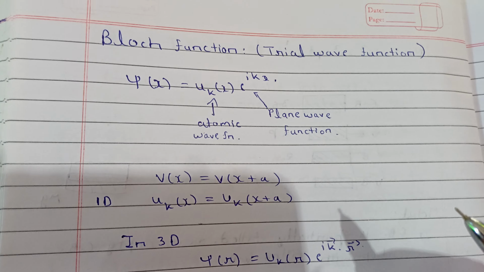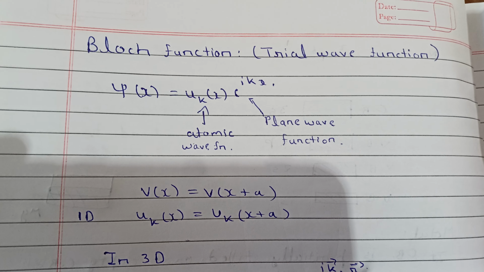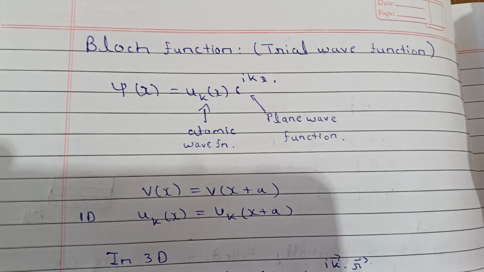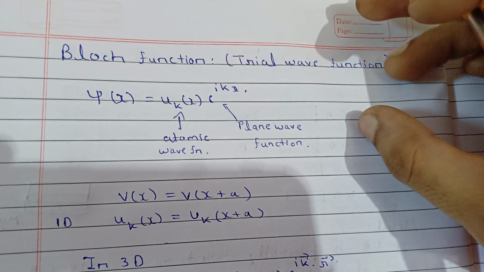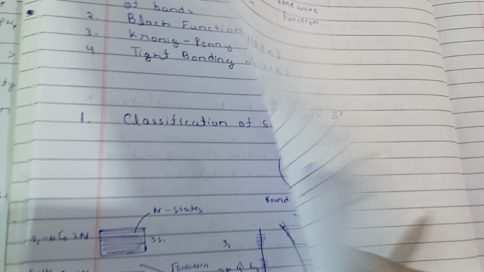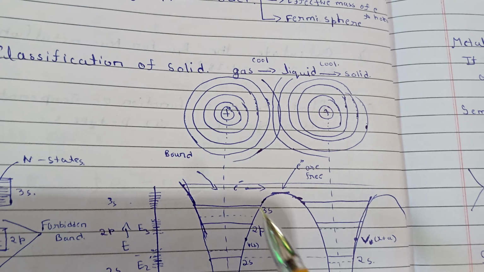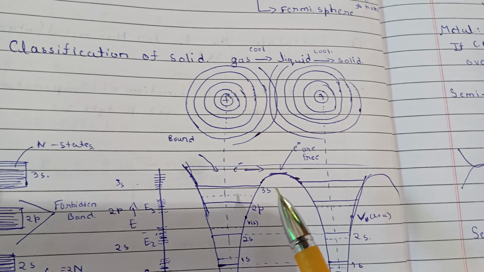Now let's see the Bloch function. You know about the variational principle if you studied quantum mechanics, but if you didn't yet, let me tell you: in the variational principle we take a trial wave function. What is the meaning of a trial wave function? If there is a single electron, you can solve the Schrodinger equation.